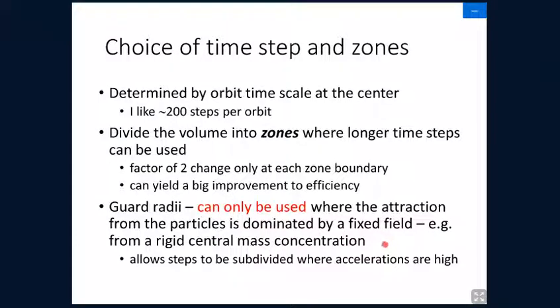So this is good when you've got a fixed mass in the center where the field becomes extremely strong and dominates over the distant field from the particles. But that's the only time in which it's safe to use these guard radii. And one or two people I noticed have been making the mistake of trying to use guard radii to subdivide the time steps.